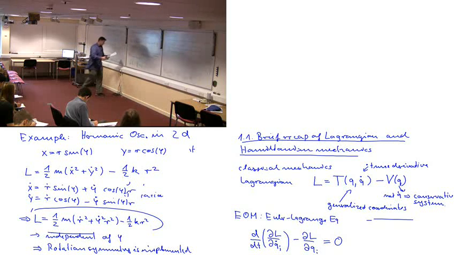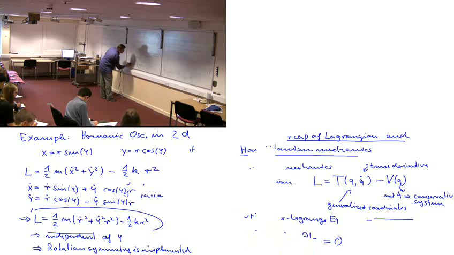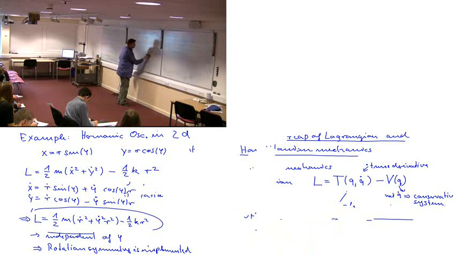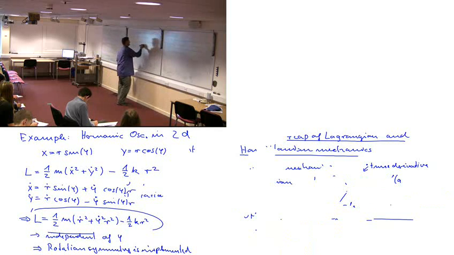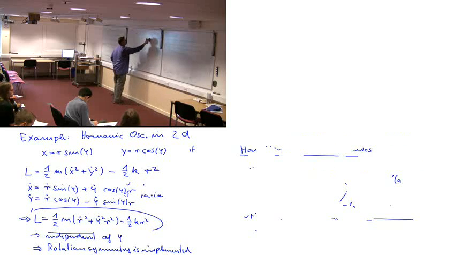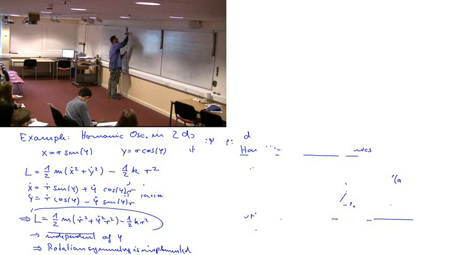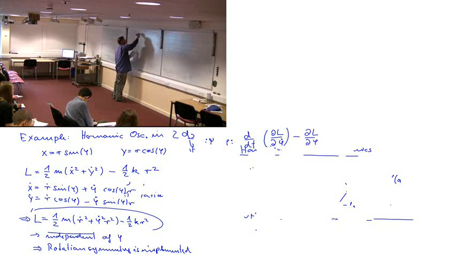Okay. Now, we can do our equations of motion, and these will also show us the effect of this rotation symmetry. Let us first look at the equation for phi. So we have d by dt, dL by d phi dot minus dL by d phi.